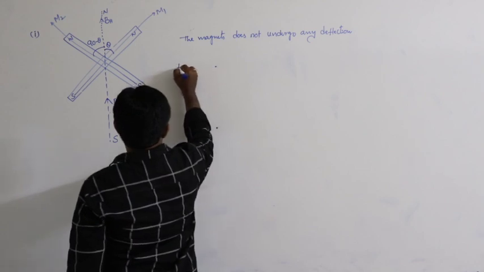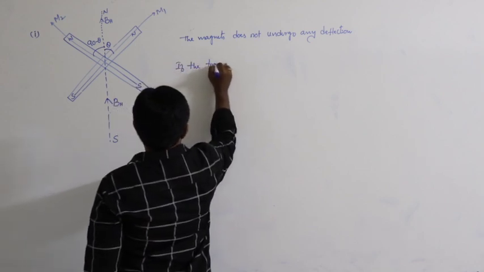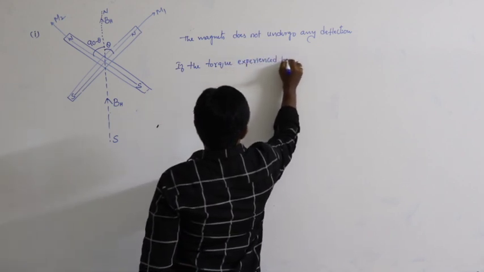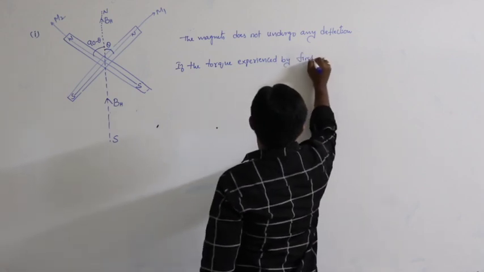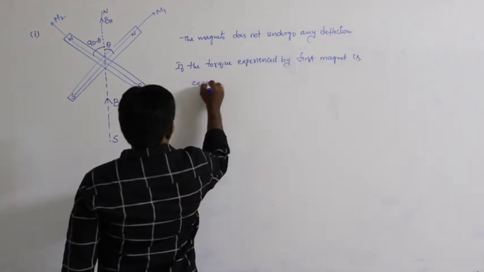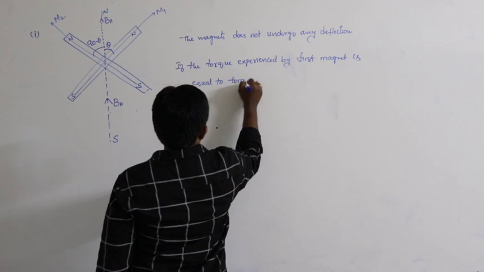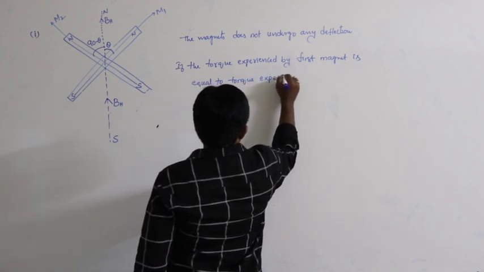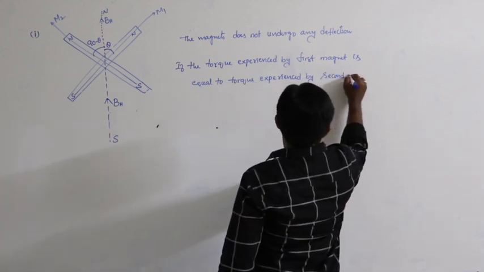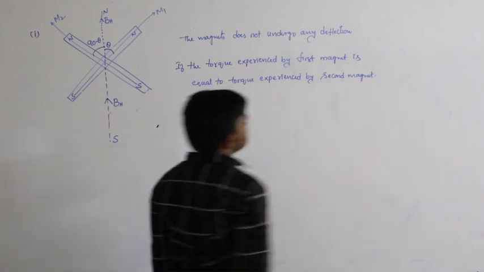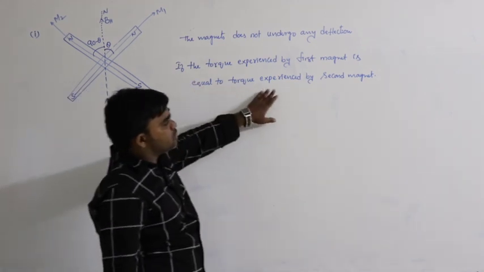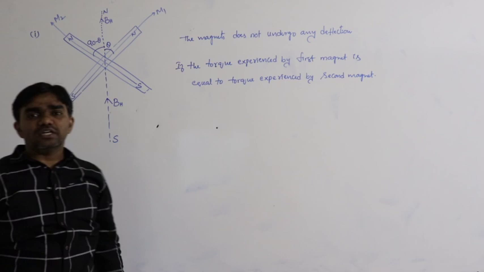When this situation happens, the torque experienced by the first magnet is equal to the torque experienced by the second magnet. If the torque experienced by the first magnet is equal to the torque experienced by the second magnet, then the magnets do not undergo any deflection.